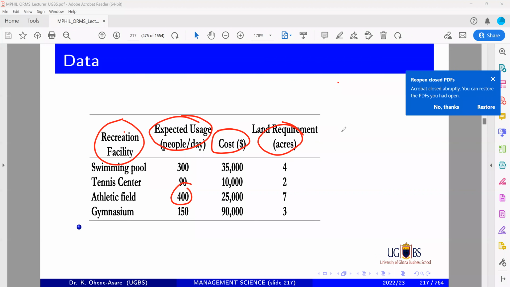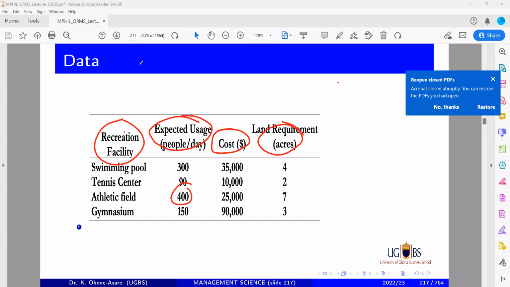Okay, so you want the land size to be what? The land size is 7. What do you want it to be? Ideally, the land size should be small. That's it. And what about the cost?